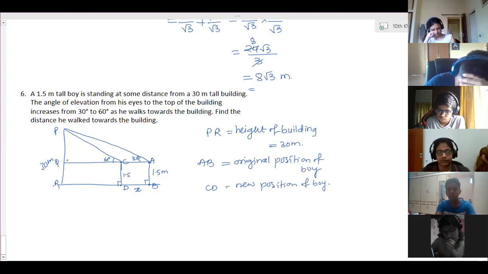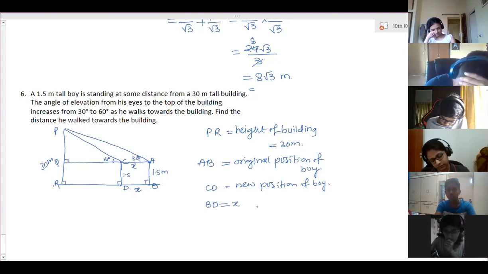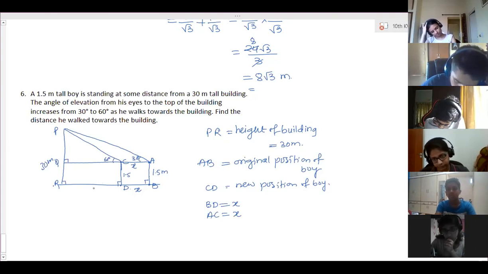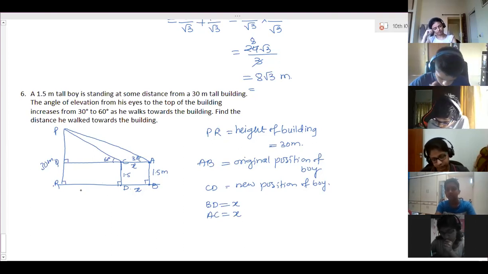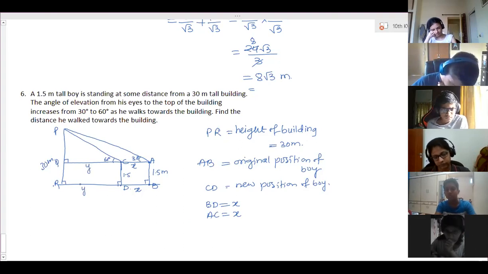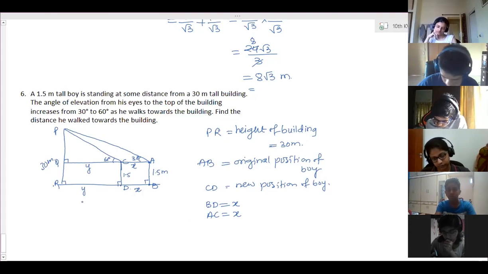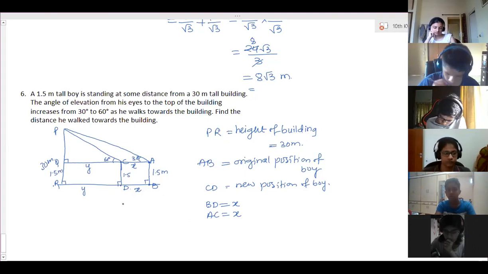This is 90, this is 90, these are all 90s. BD is equal to X, so AC is also equal to X. DR we'll consider as Y, and this is also Y. Now this is 1.5, so QR is also 1.5 meter.